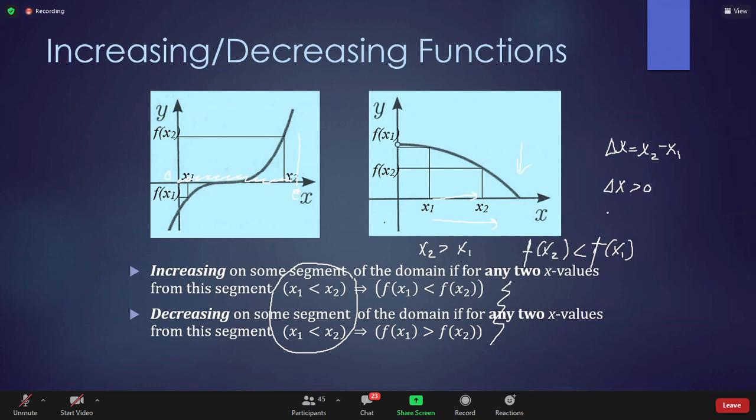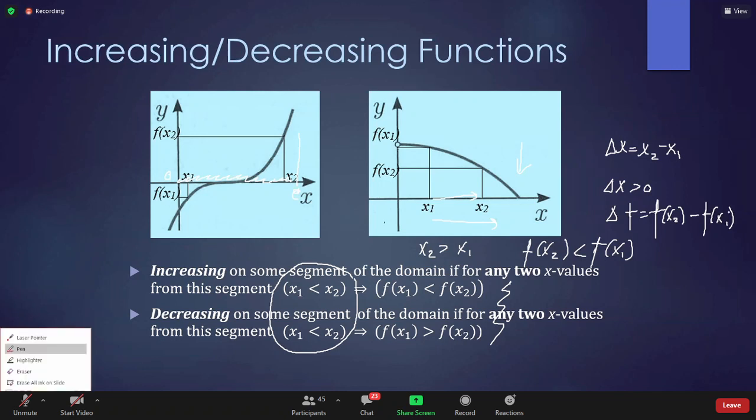I can write that delta f is defined as the function value at the second point minus the function value at the first point. So in the first case, we would see that delta f is the difference between these two values of the function.